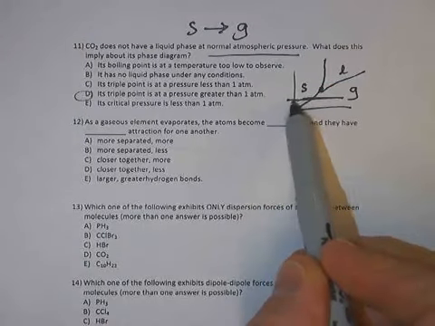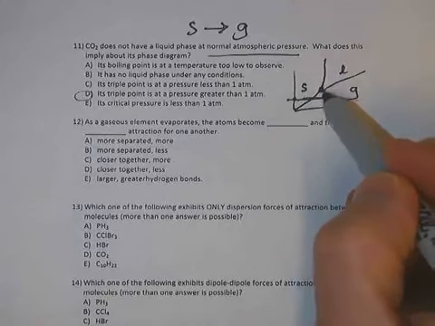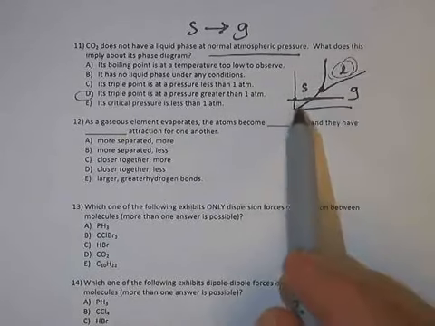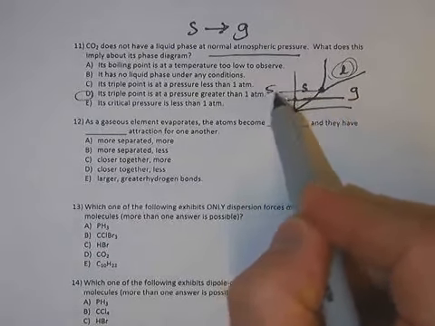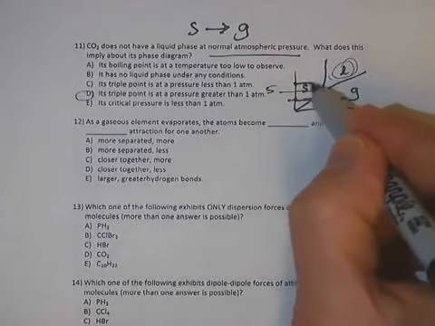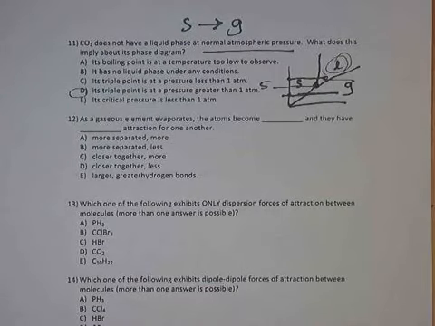So if you remember what a phase diagram looks like, it goes up like this, and then there's a triple point, and then from here it changes to solid, liquid, and gas. And so this is where 1 atmosphere of pressure is for carbon dioxide. And so you'd see that the triple point has to be above that because it doesn't change to a liquid phase at all at 1 atmosphere of pressure.